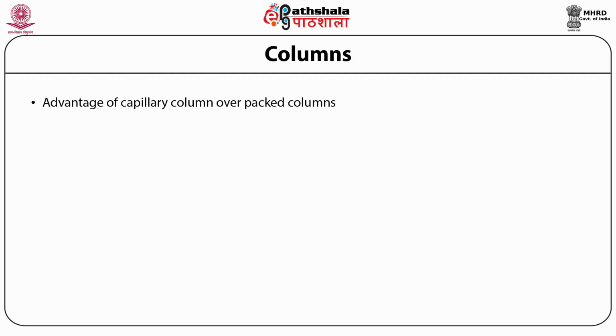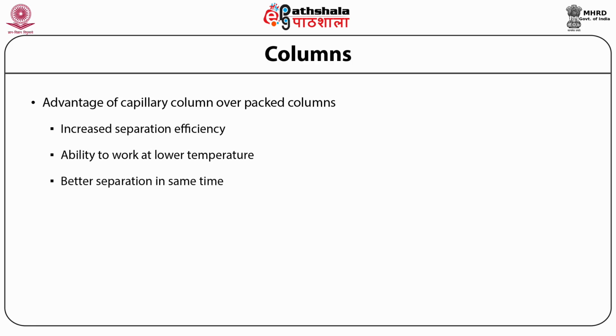Now, the advantage of the capillary column over the packed column is increased separation efficiency. It can work at low temperature, thereby giving better separation in the same time or the same separation in shorter time. Results have been obtained up to 10 times faster than with the packed column.